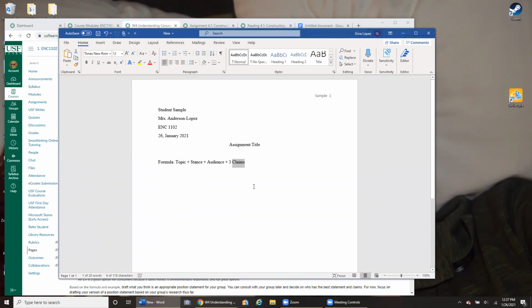I want you to do this individually so that when you and your group meet and are sewing together your presentation, you have these different statements to choose from. Maybe David put this part, he stated it really nicely.